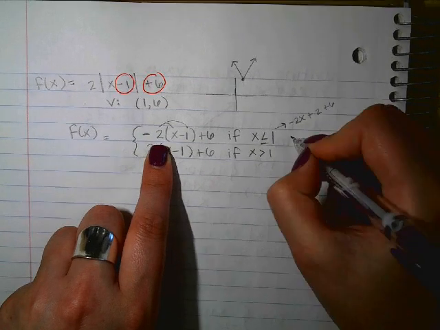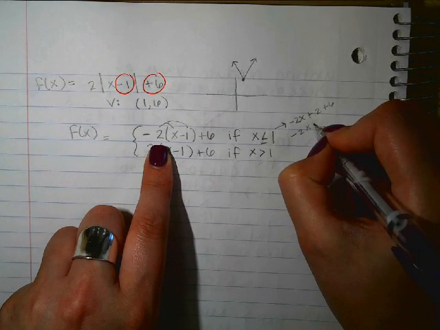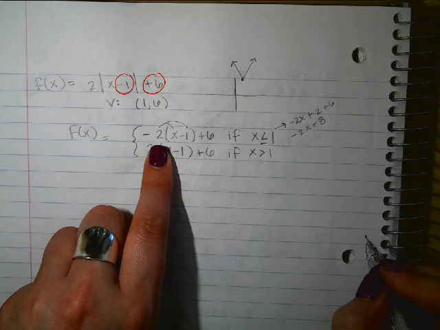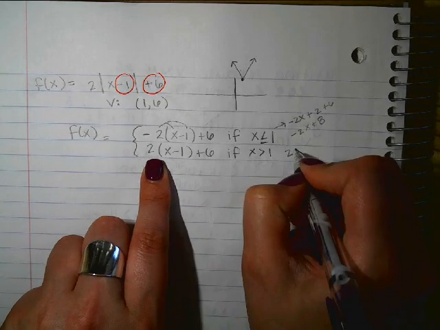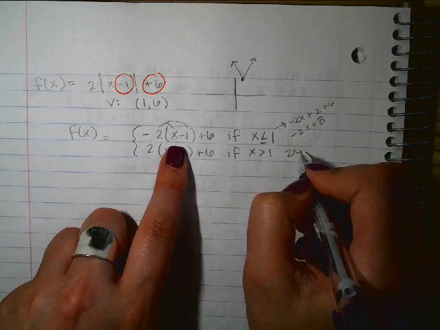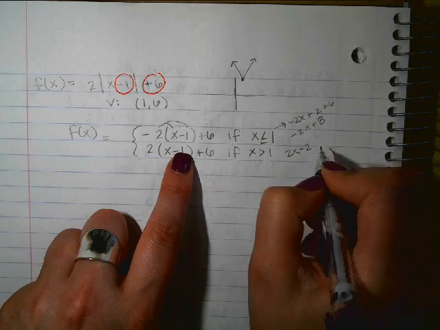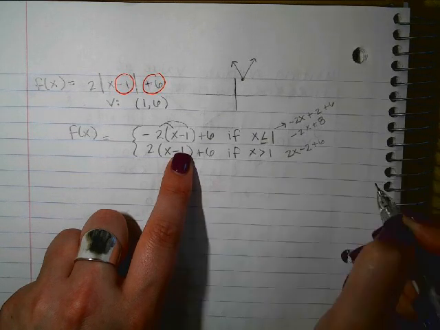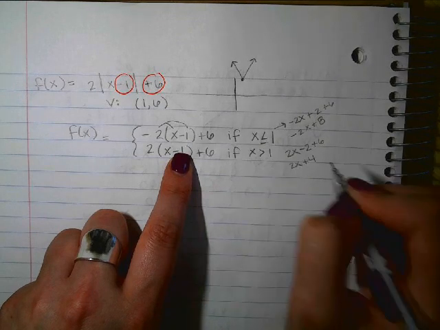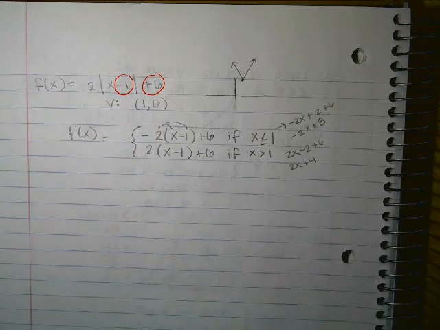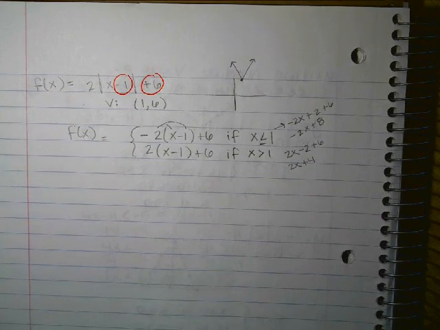Yep, so it'll be negative 2x plus 8. And then this one is 2x minus 2 plus 6, which is 2x plus 4.